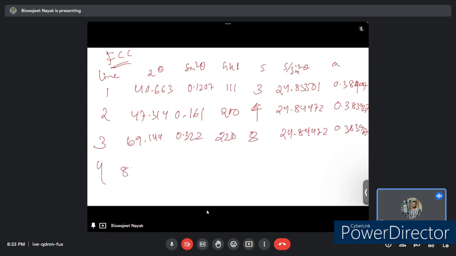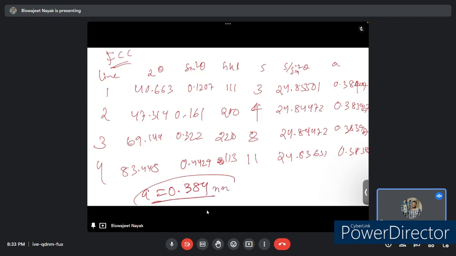And for the last one, all odd. So here we can see all A's have almost the same value, 0.384 nanometer.